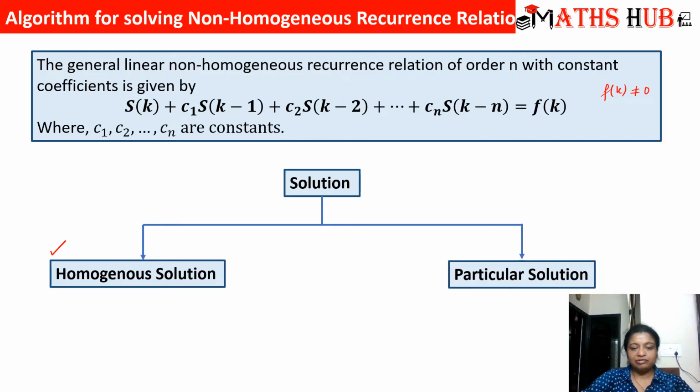What we will do is first convert the given non-homogeneous recurrence relation into a homogeneous recurrence relation by putting the right-hand side term equal to 0. Then we frame the characteristic equation from there and solve it to get the characteristic roots. Depending upon the nature of the characteristic roots, we saw yesterday three solutions.